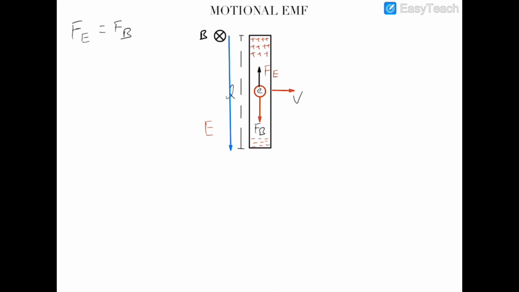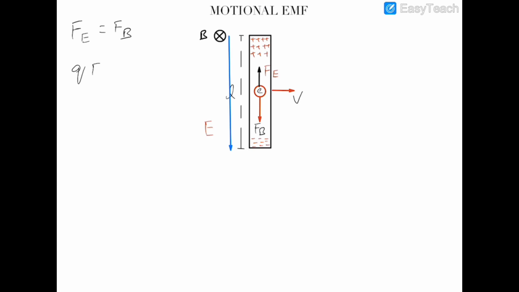Because you can see that the upper part of the rod is positive and the lower part of the rod is negative. So there is a difference of potential created inside the rod, and that difference of potential is known as EMF. So this induced EMF will become constant, and if Fe is equal to Fb, then Fe is QE.